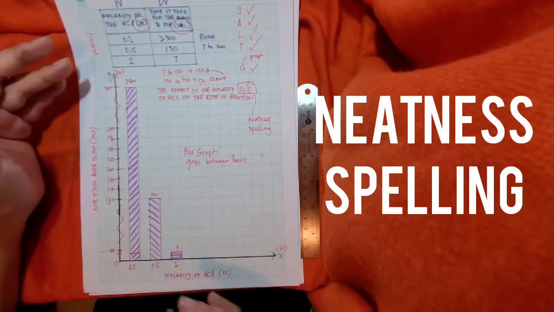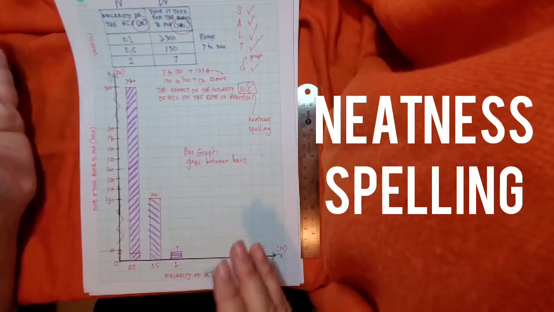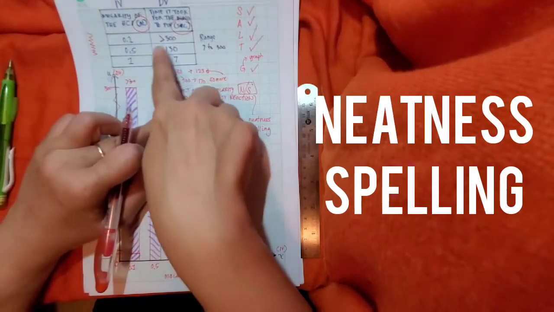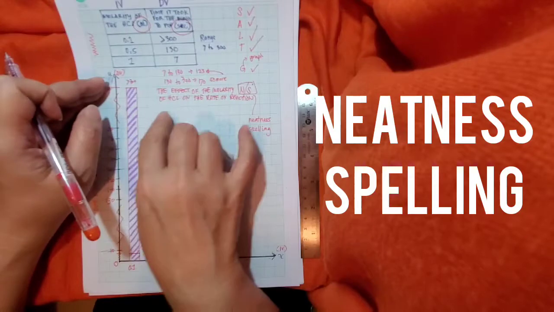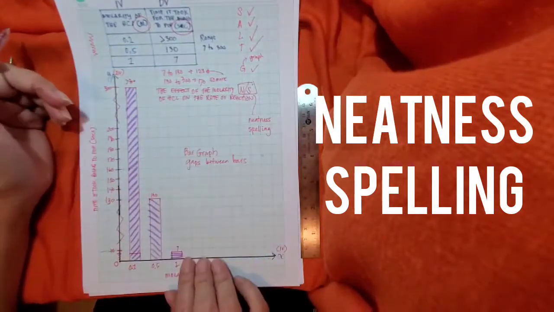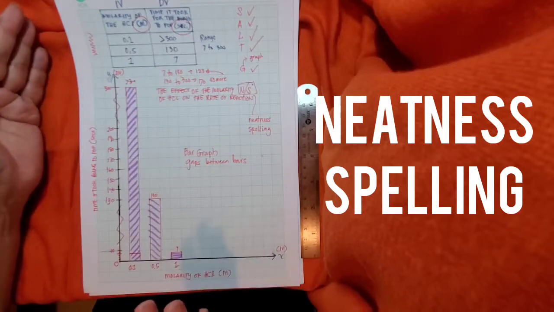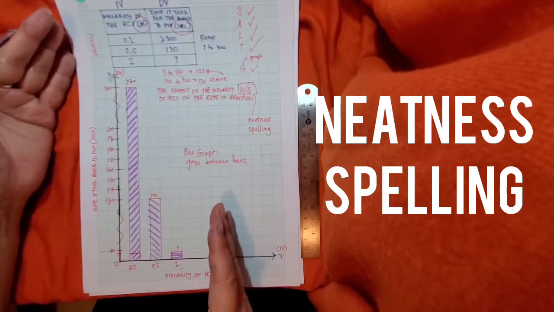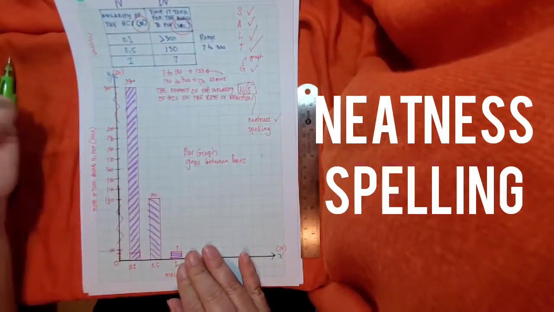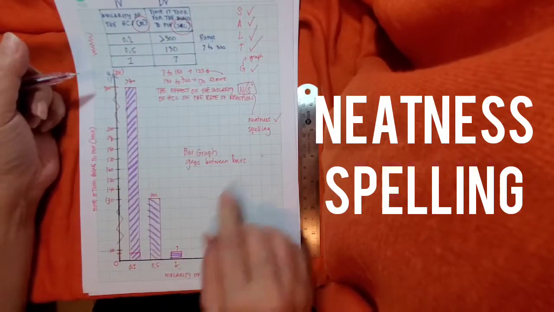The only reason it looks a bit messy is because I was scrolling notes here. But if I only had the graph, and the title should be above the graph, not inside the graph. It's just that I didn't have space. So this title should be above here. So if it were a separate graph on a separate sheet of paper without me giving this tutorial, yes, I would give myself a tick for neatness.